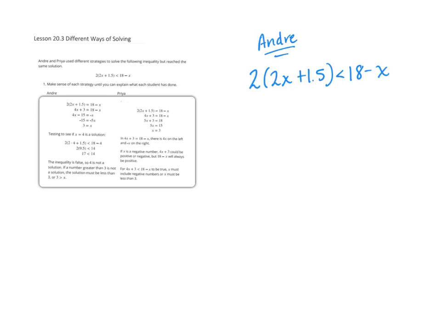Different ways of solving. Andre and Priya used different strategies to solve the following inequality but reached the same solution. Make sense of each strategy until you can explain what each student has done. We're first going to look at Andre's work.